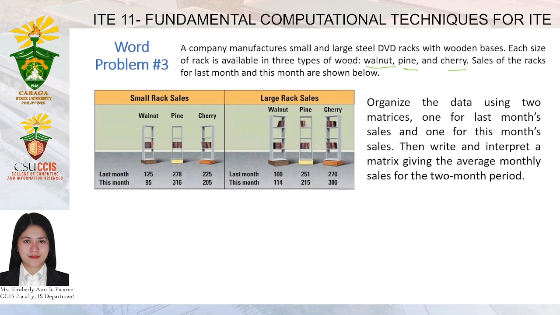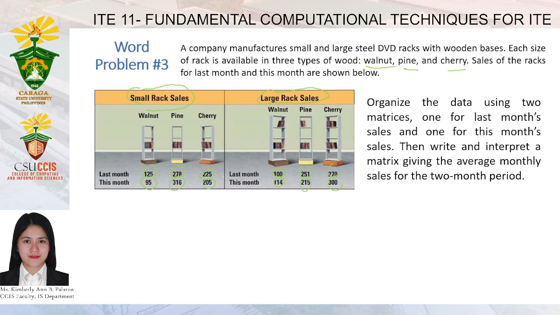Okay, so muna siya ang sales niya for each of the racks. For the small racks, muna ang sale last month, and then this month, and so on. Okay? And so on. So, for the large rack sales, we have this for the last month, for this month, and so on. Okay.